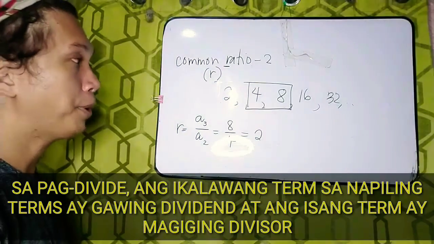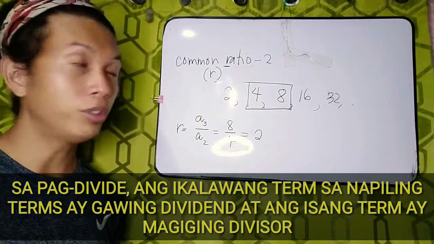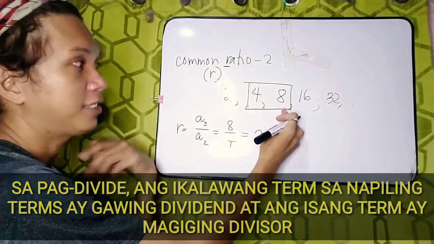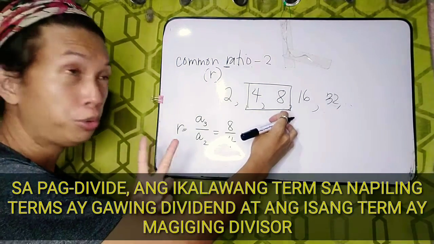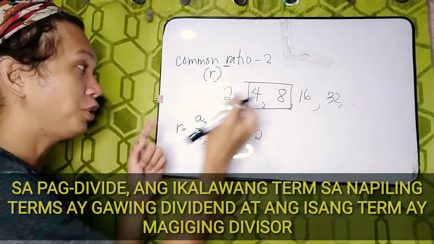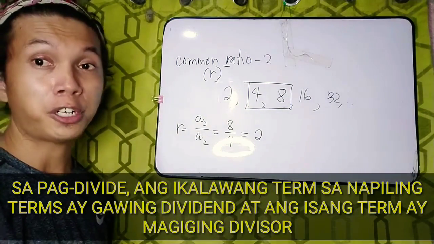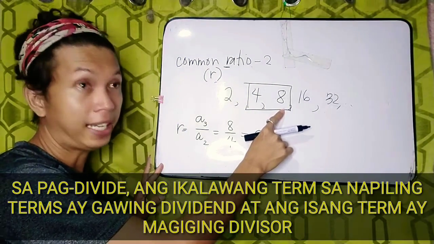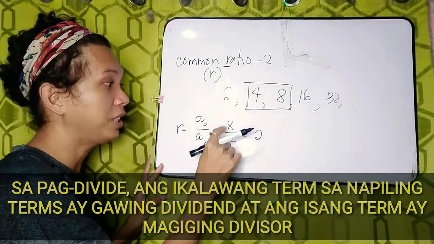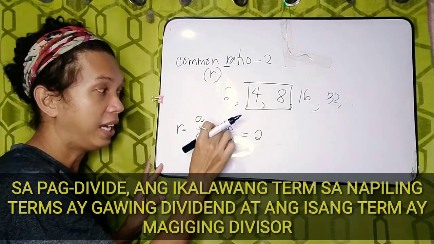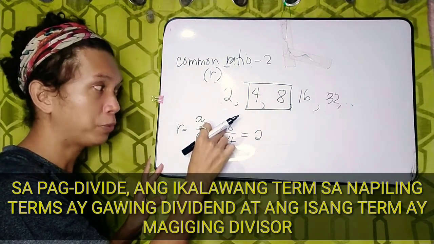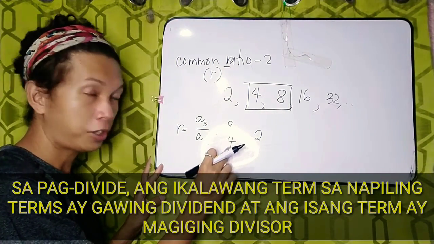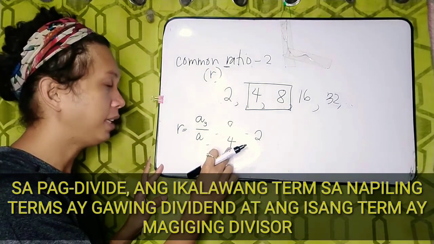So always remember that in getting common ratio, you're going to make the second term from the two selected terms as your dividend, and then the first term as your divisor. So again, the second term from the two selected consecutive terms will be our dividend, written at the top, divided by the first term from the selected two consecutive terms.